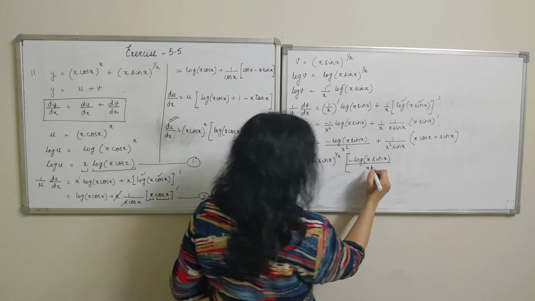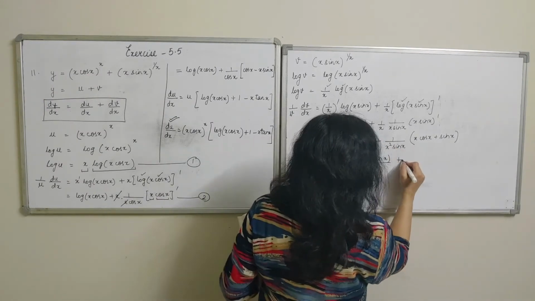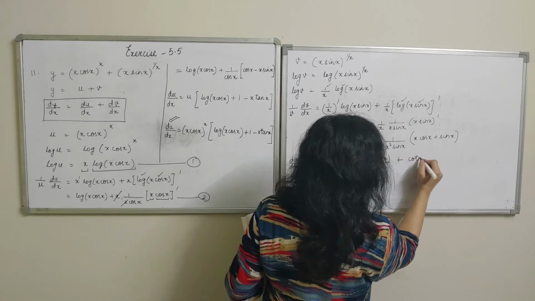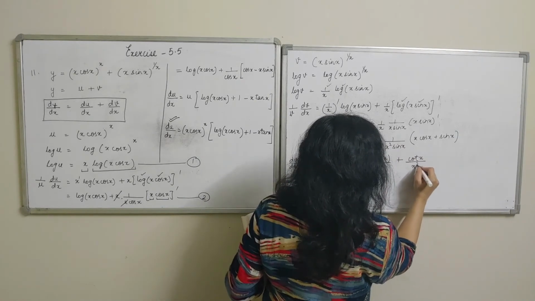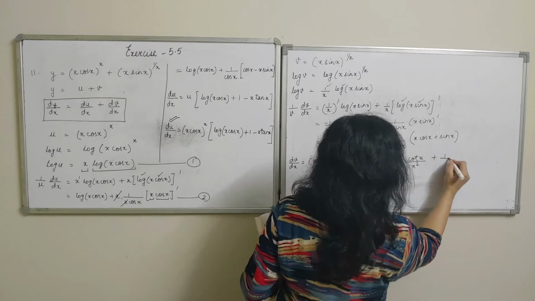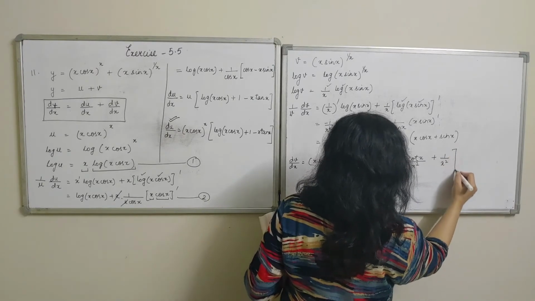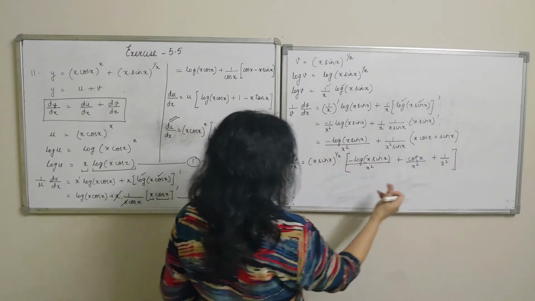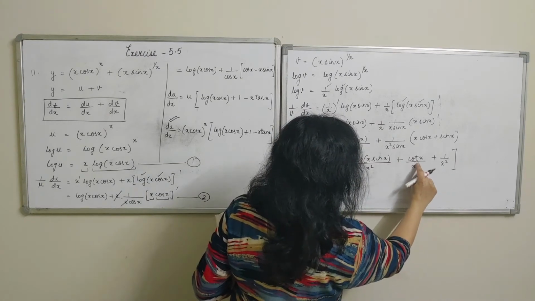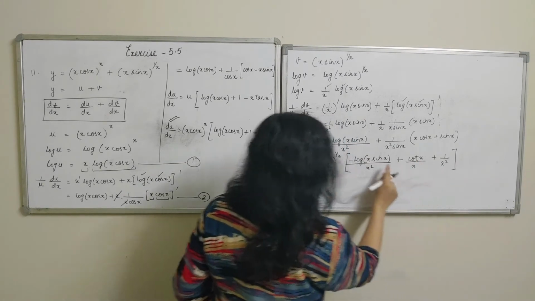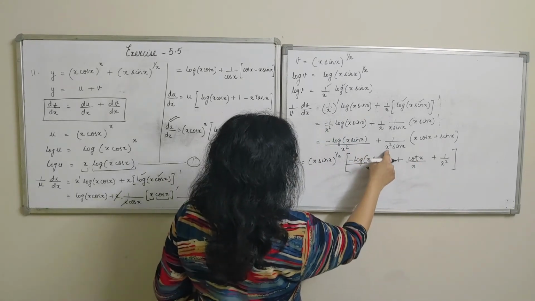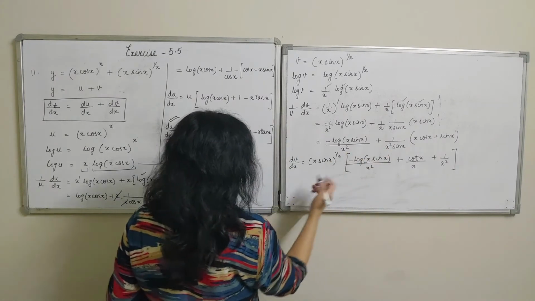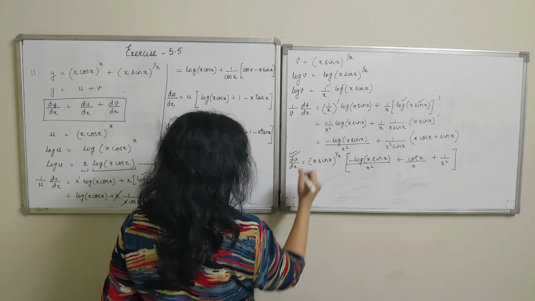So I'm writing it like this, multiplying this expression. Here we get cot x upon x square plus 1 upon x square. As I said, had you wished, you could have taken x square common here. So finally we have got dv by dx also.